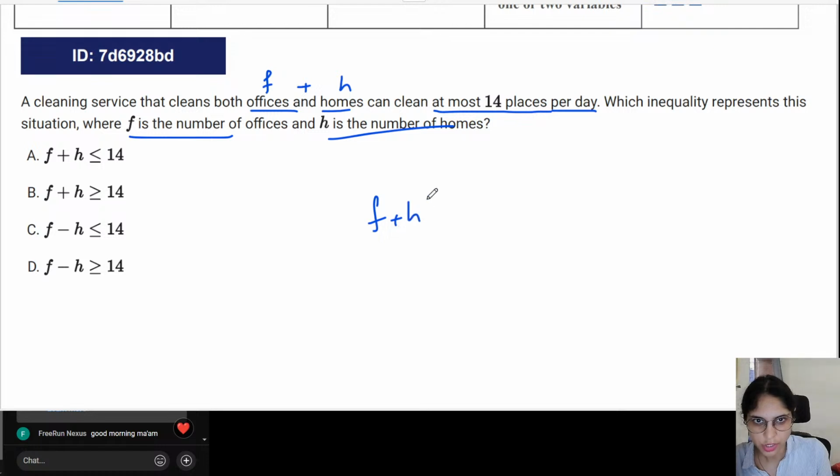So F plus H, at most means less than or equal to 14. Yeah, so that is it. We're done with all the easy word problems. F plus H is less than or equal to 14.